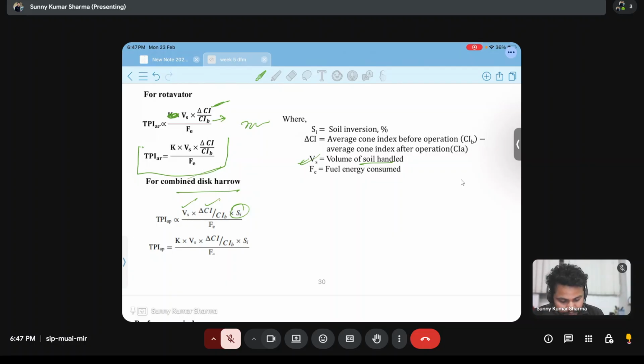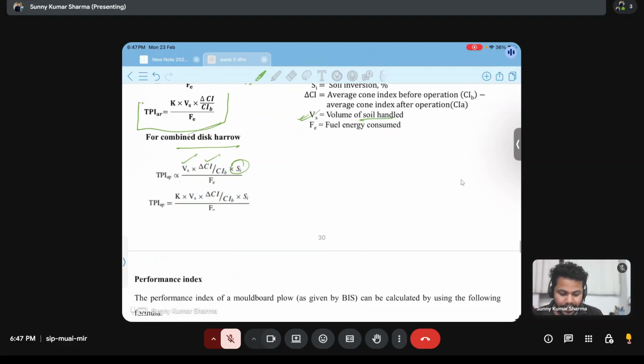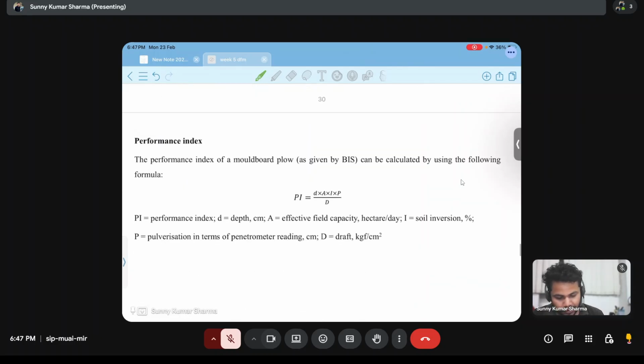So for the disc harrow, the tillage performance index will be directly proportional to the volume of soil handled, delta Ci by Cib, and the soil inversion term will also additionally come. What will the performance index be for the moldboard plow?